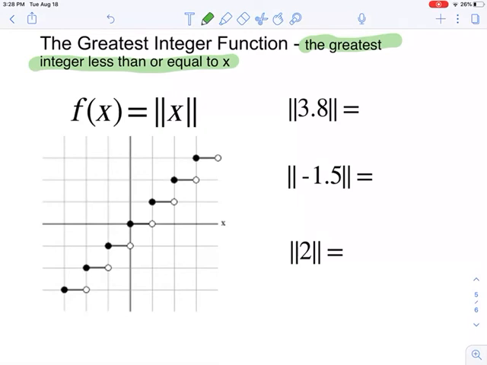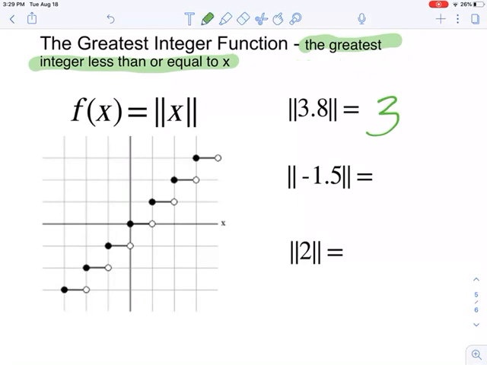Essentially, we have to go to the integer that is less than or equal to x. So let me ask you this. What is the integer less than or equal to 3.8? It's 3. If I asked you for the greatest integer less than or equal to 1.2, you would tell me 1. We're essentially rounding down no matter what that decimal is.